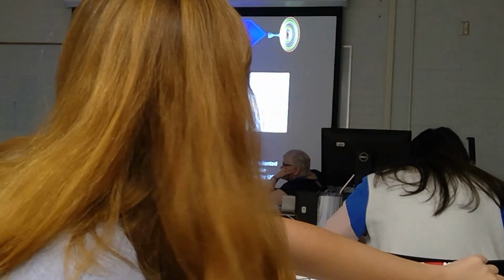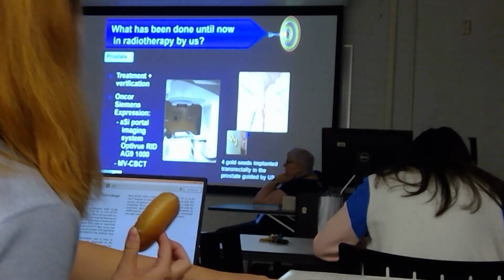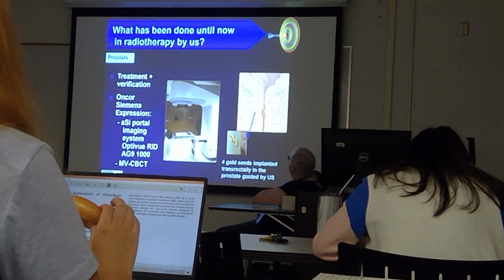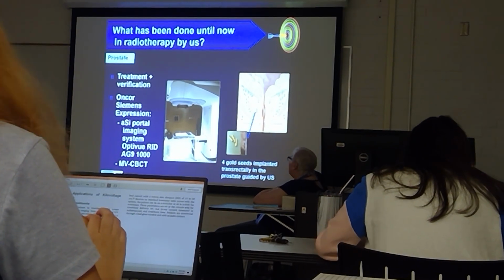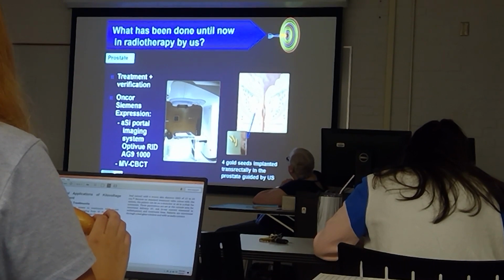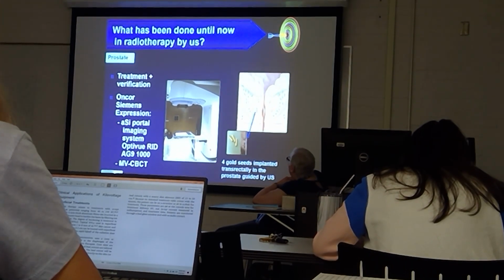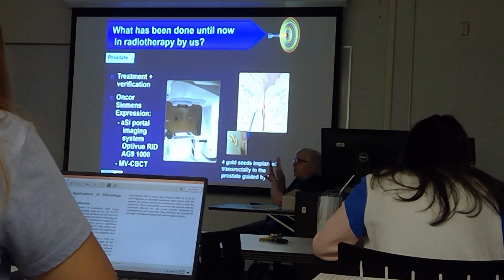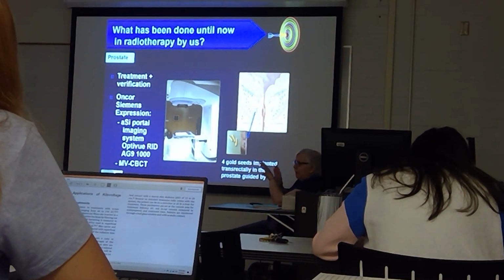The trouble is, 9 times out of 10, the seeds move independently of the prostate. But the theory is that if the prostate moves, the seeds move. And you can see these a lot better on cone beam CT, and you can superimpose them a lot better.